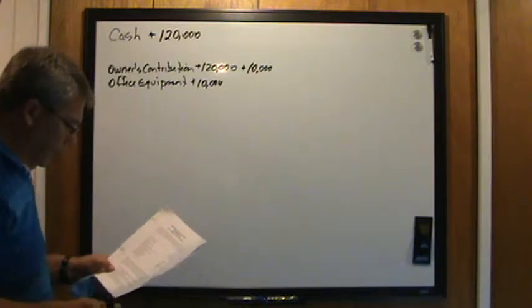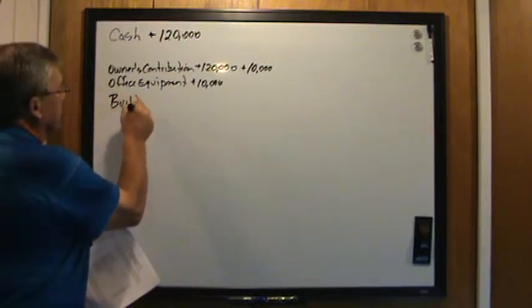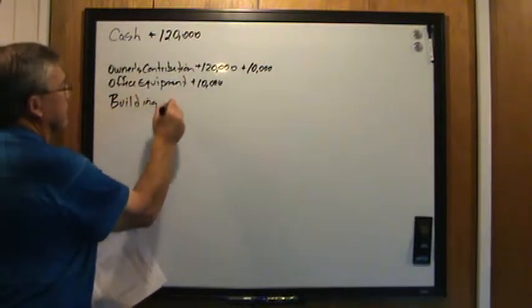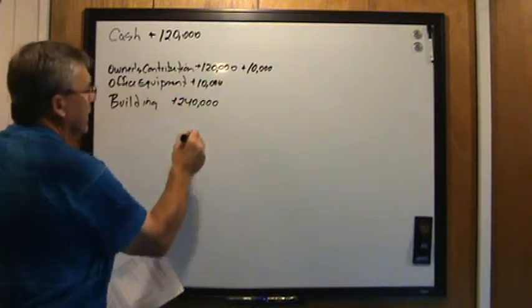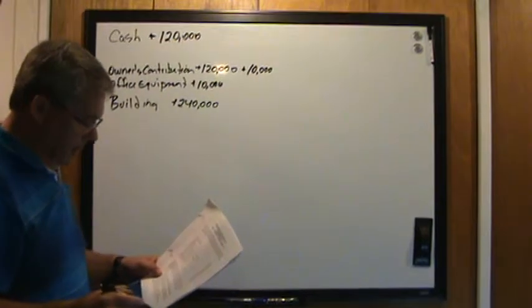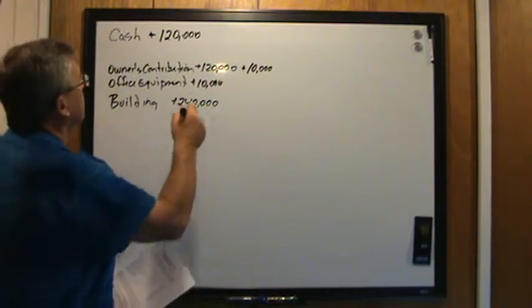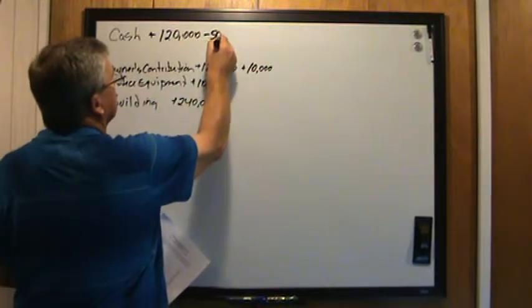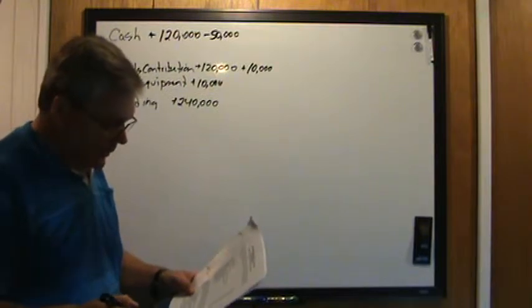She purchased a small building for $240,000. So we have another long-term asset worth $240,000. And to pay for that, she used $50,000 in cash. So cash goes down by $50,000. And she borrowed a mortgage.